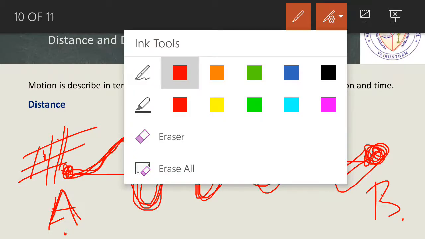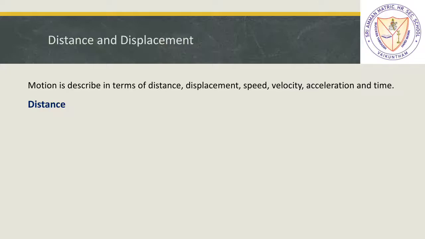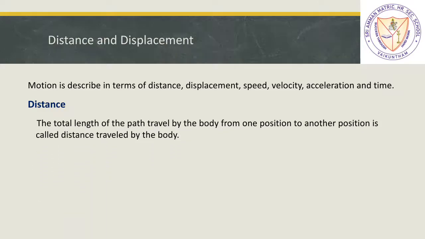Okay, the path traveled, distance covered, or the path covered by any object moving from one point to another point is called distance. The total length of the path traveled by the body from one position to another position is called the distance traveled by the body.